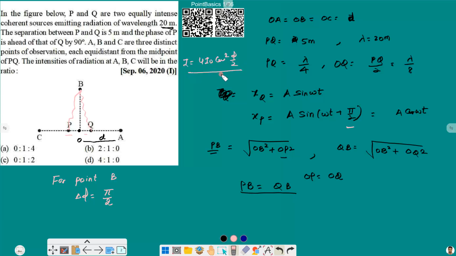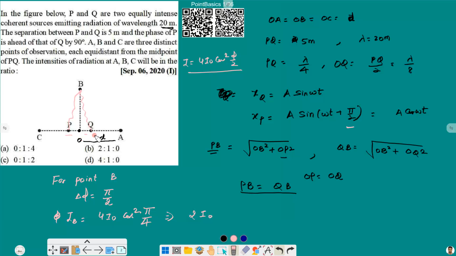That's the relation we have if we have two sources of equal intensity. So from that we can write that I of B will be equal to 4 I naught cos square pi by 4, and cos pi by 4 is 1 by root 2, square of that is 1 by 2, and this will be 2 I naught.